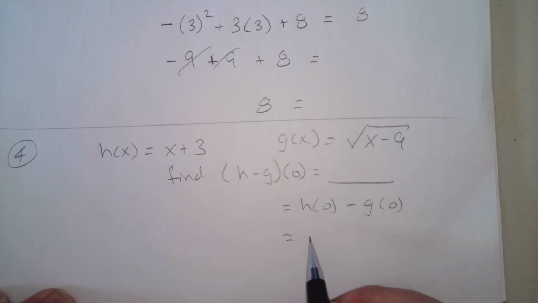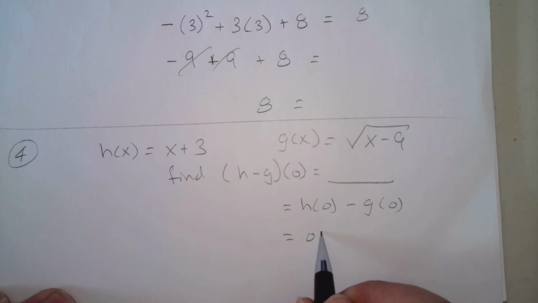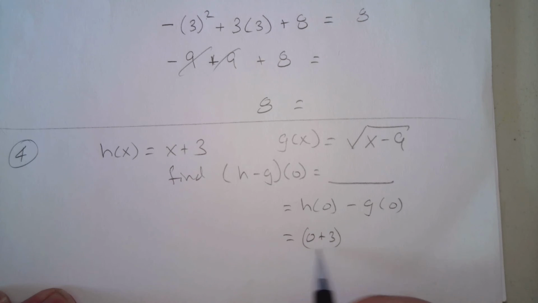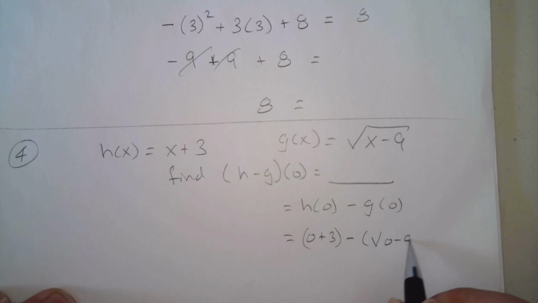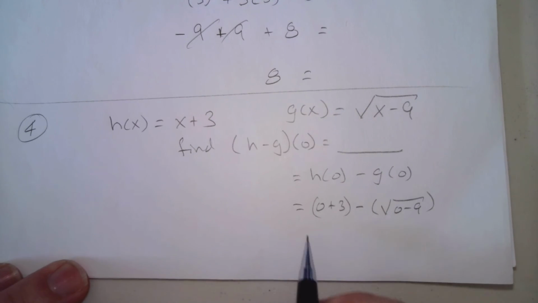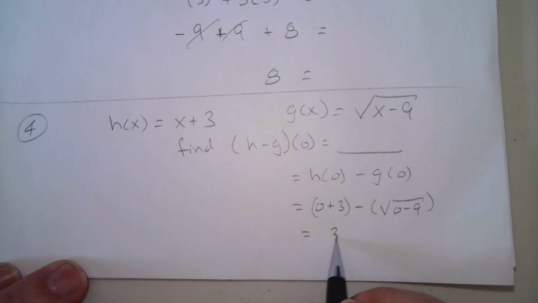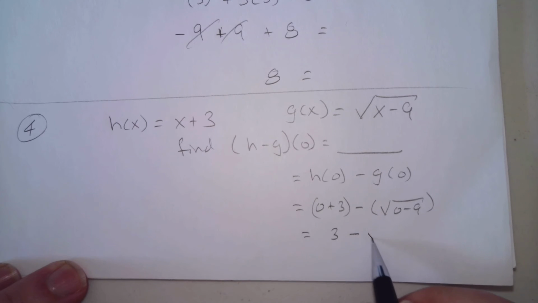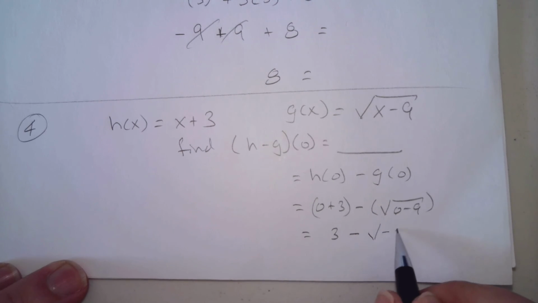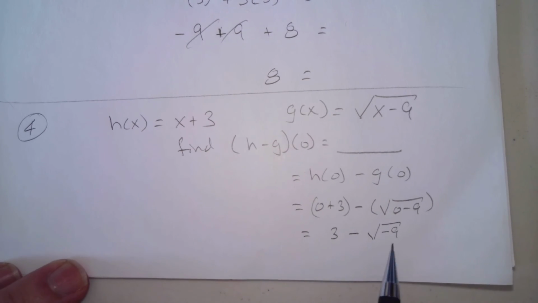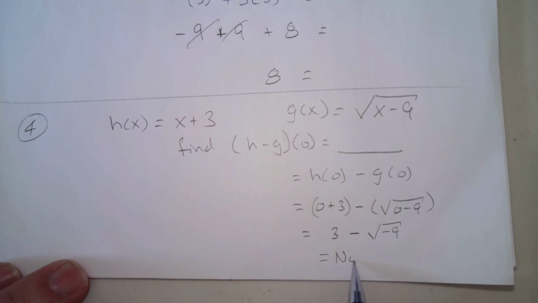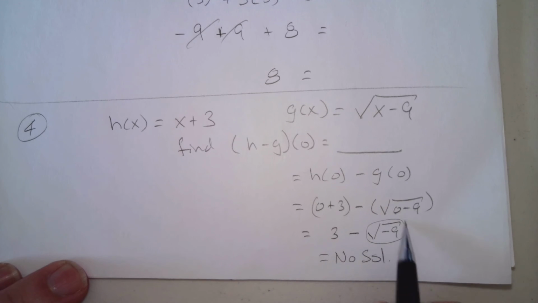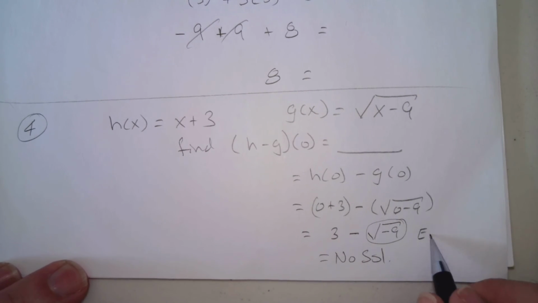So when x is 0, we have 0 plus 3 minus square root of 0 minus 9. 0 plus 3 is 3. 0 minus 9 is negative 9. Can't be done, no solution, because this cannot be done. Error.